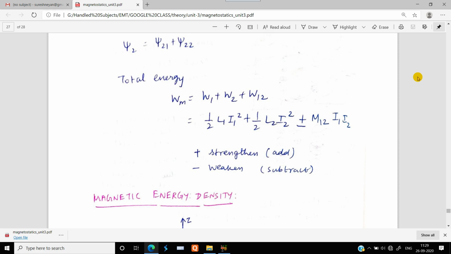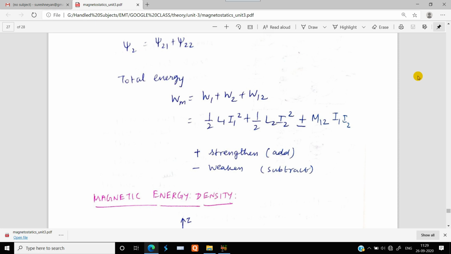So in which cases will the energy be strengthened? It happens when the mutual fluxes in the coupled coils add to each other.